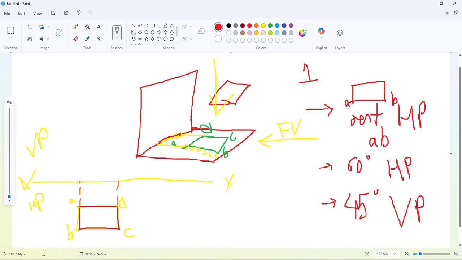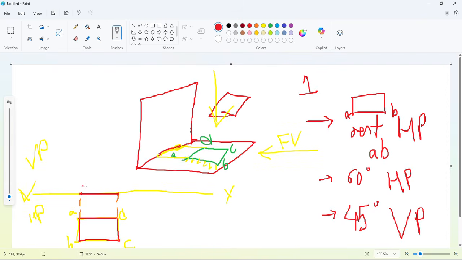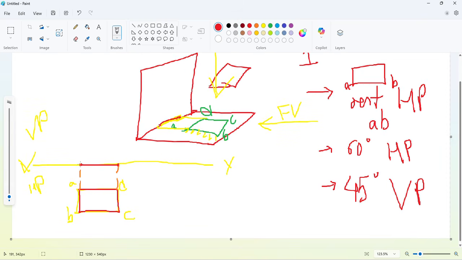This front view will start from here and end here, and you can provide the names. This point represents A dash and B dash, and this point represents C and D. So this is D dash and C dash.